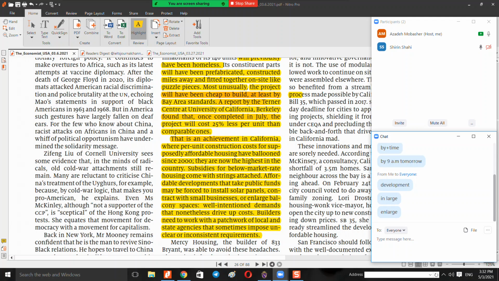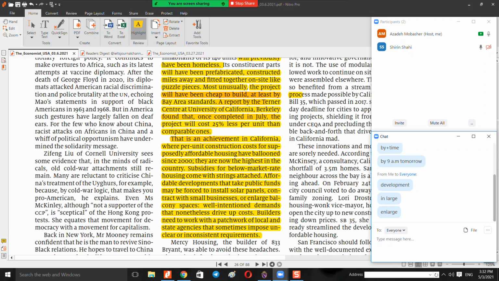And the last one is inconsistent. It's the opposite of consistent. Consistent is an adjective, and it means when, for example, someone always behaves in the same way, or in the same standard.